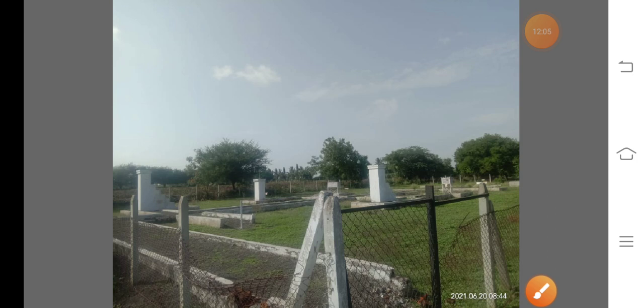Such Agromet observatories are set up by the Agricultural Meteorology Division of India. The Agricultural Meteorology Division is a part of IMD, the India Meteorological Department, and this Agricultural Meteorology Division of India is established at Pune.